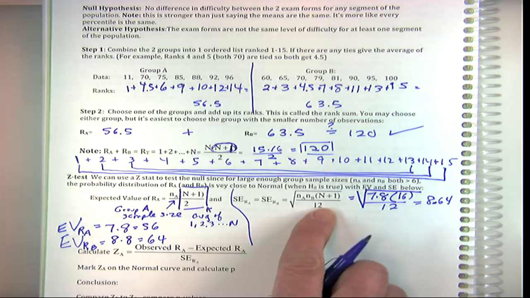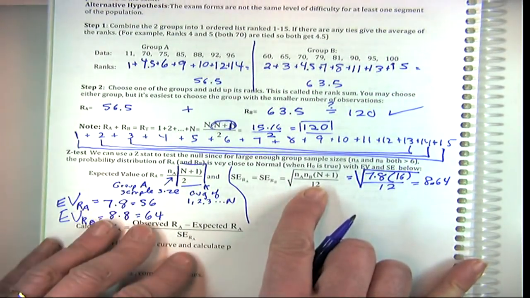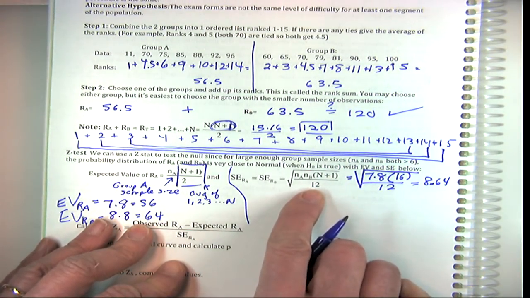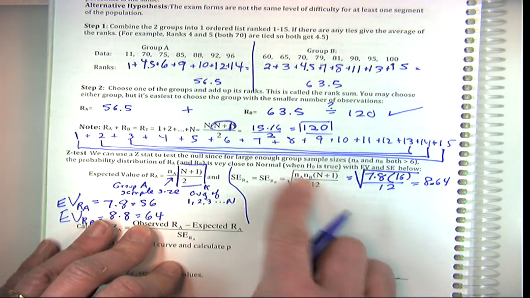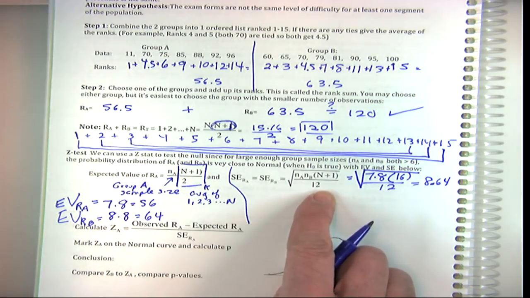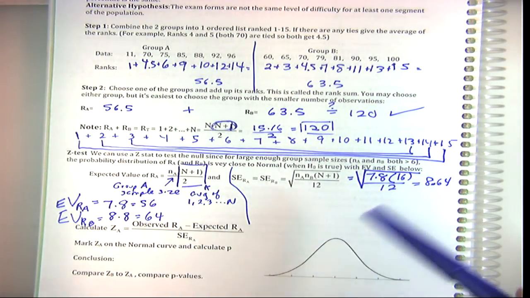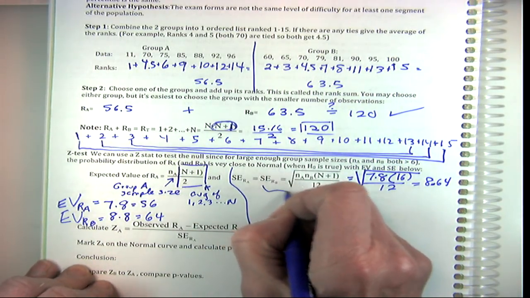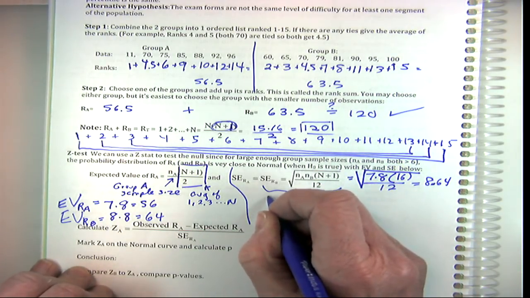And this 12 makes sense, but I'd have to explain why. I'll post a little explanation, a little proof of where the 12 comes from, because you'll see that as the standard error for the rank sum, for all of these. It will have this formula, and I'll show you where it comes from. All right, for now, let me just tell you, this will definitely be given. You don't have to memorize this. This is given on the final.